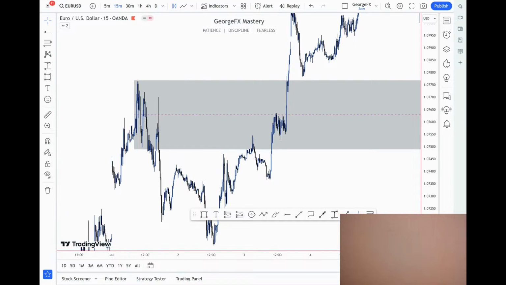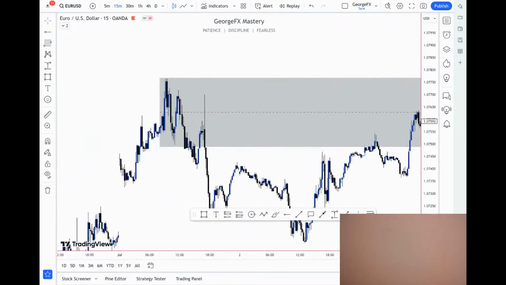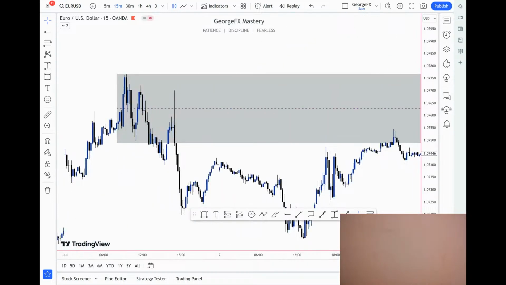And when you don't know where you're going in specifically, the thing I advise anyone to do is just go in from the 50% of that zone. So for example, you could go in from here, from the 50% of that level, and then you can have your target.